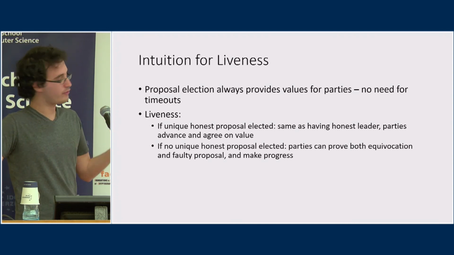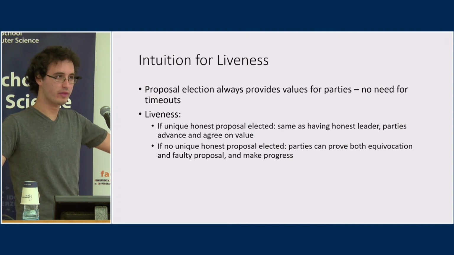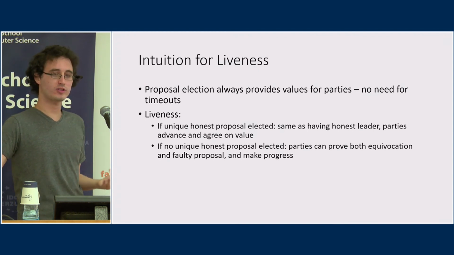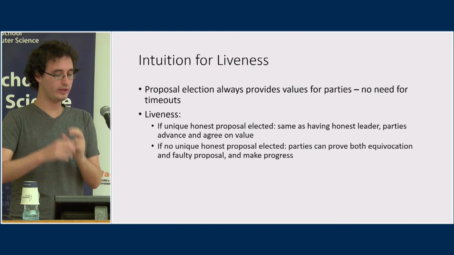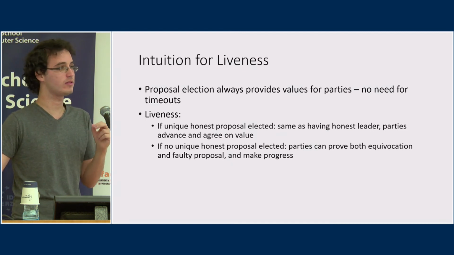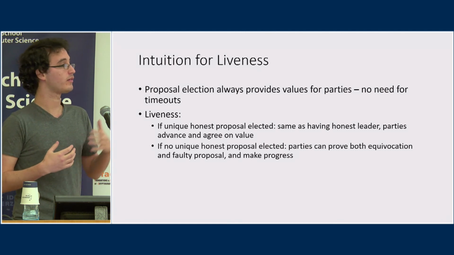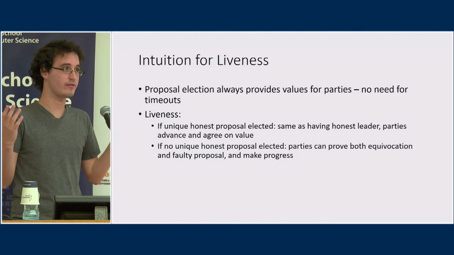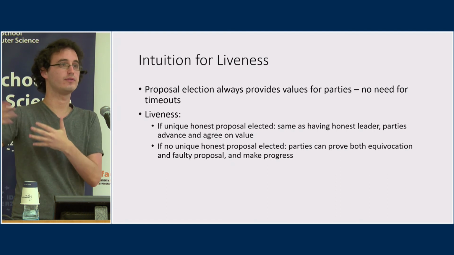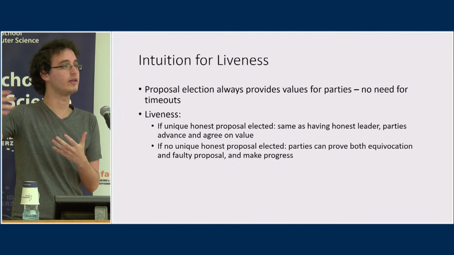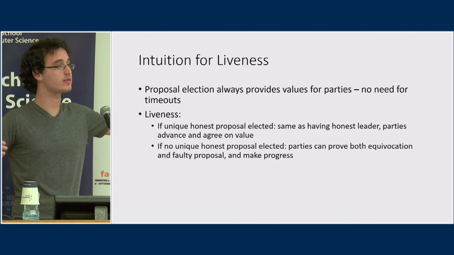In case of a non-faulty leader, how do we think of a non-faulty virtual leader? That's just a single, unique, non-faulty proposal being elected and everybody receiving that value. And that is the same as a non-faulty leader in HotStuff, right? We should achieve progress here. We should eventually agree on a value in this specific view.